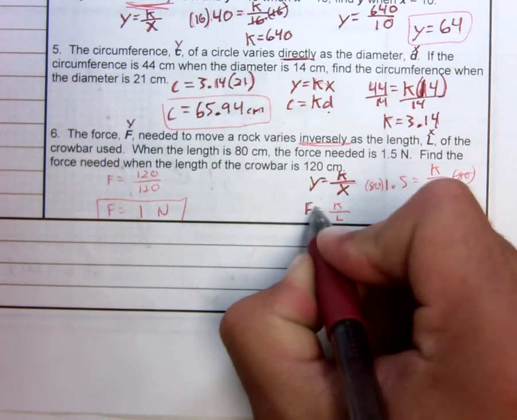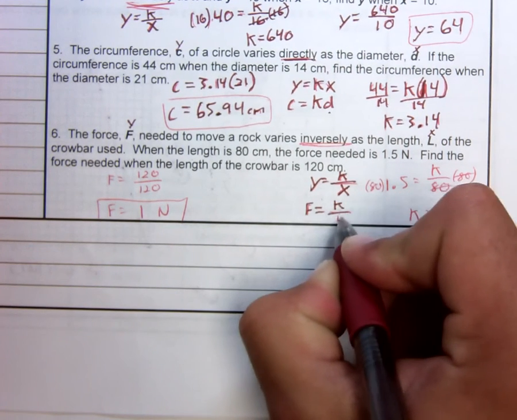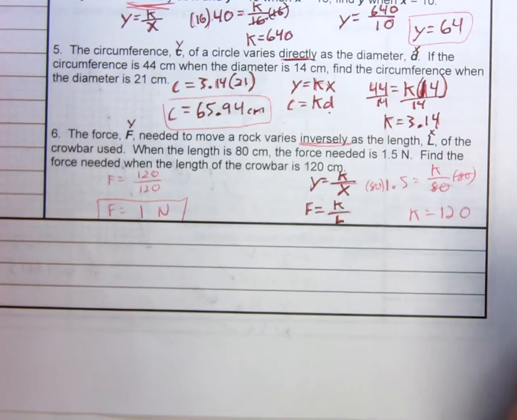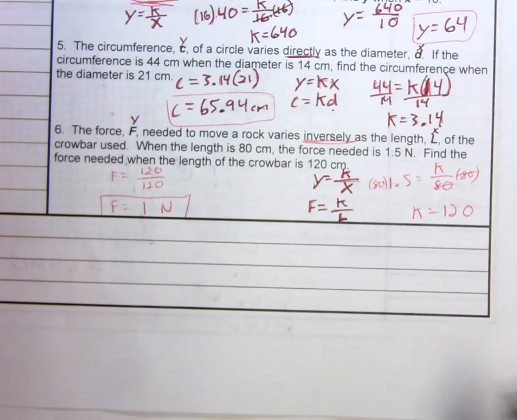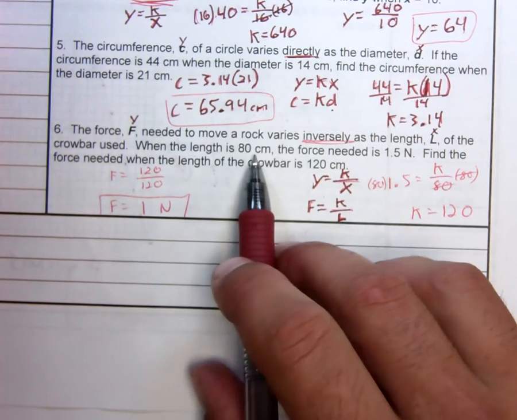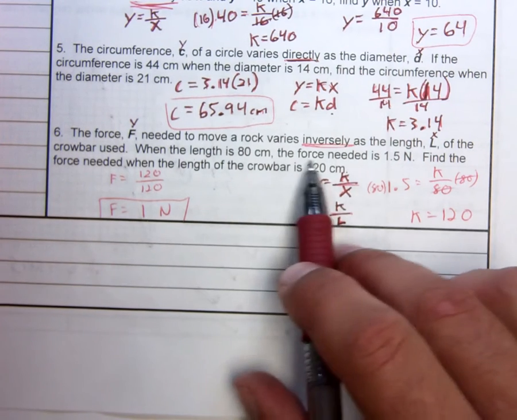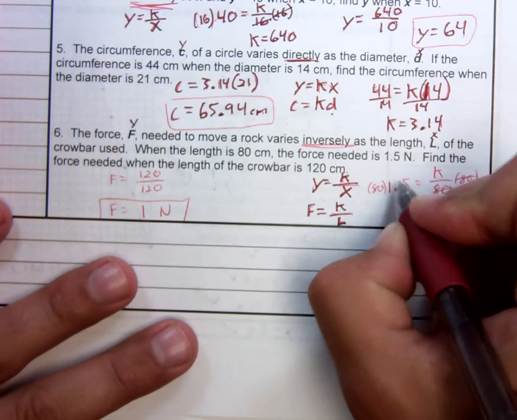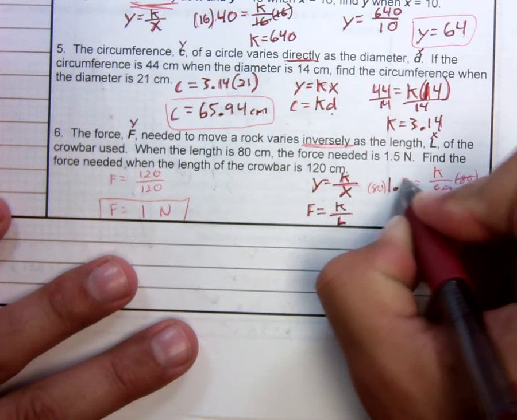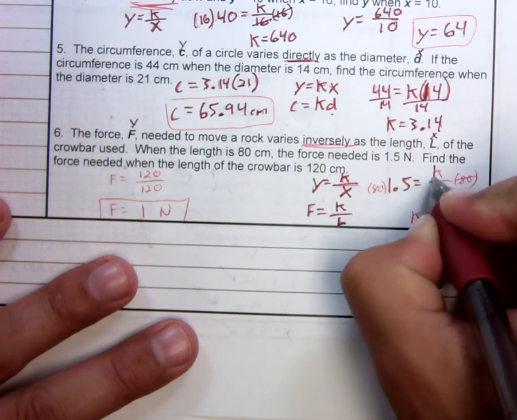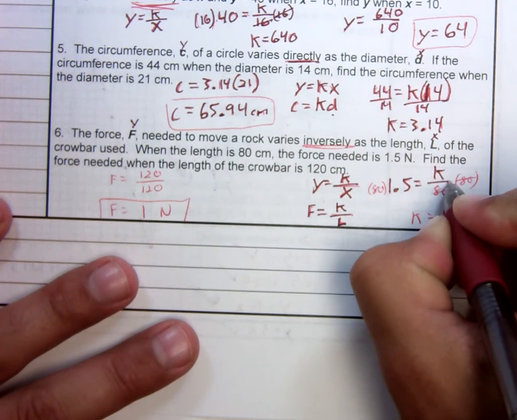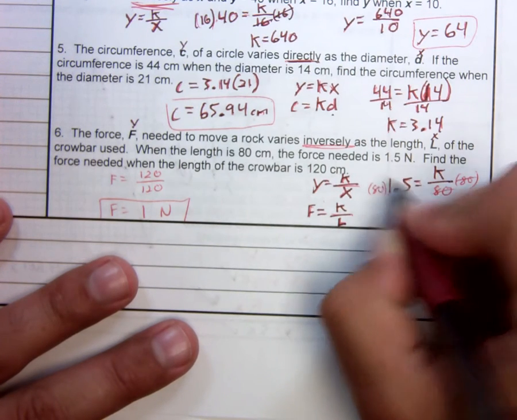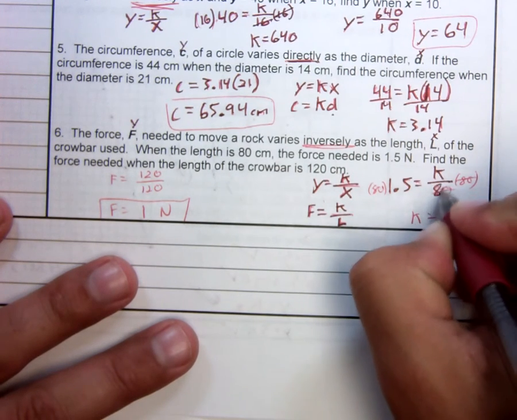So I'm going to put an F right here equals k divided by not x but L. Now let's read and see what it tells us. The length is 80. The force, or F, is 1.5. So I'm going to rewrite this equation. The force is 1.5 equals, we don't know k yet, divided by L. The length is 80, so I know that's going to be an 80.